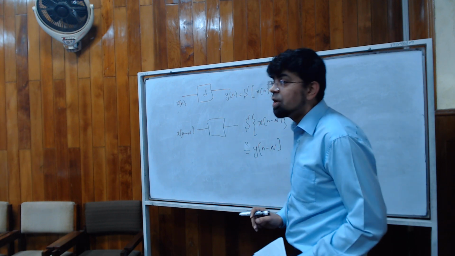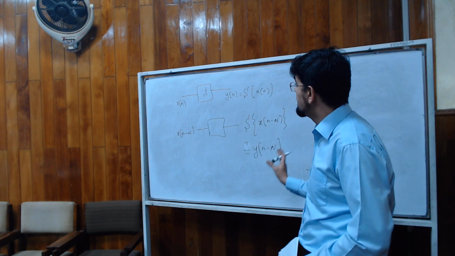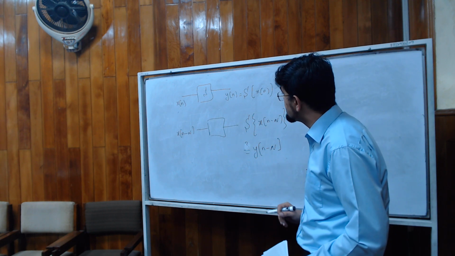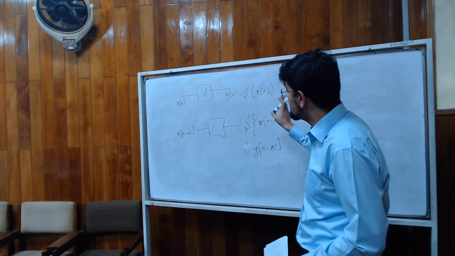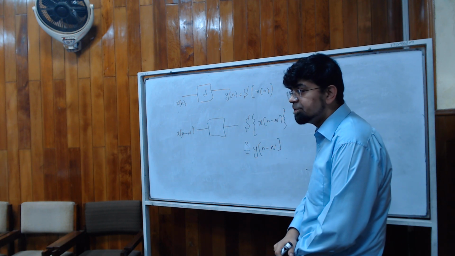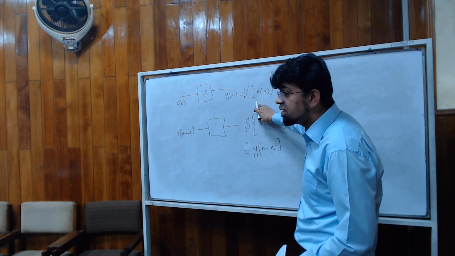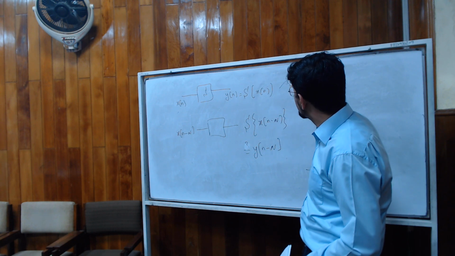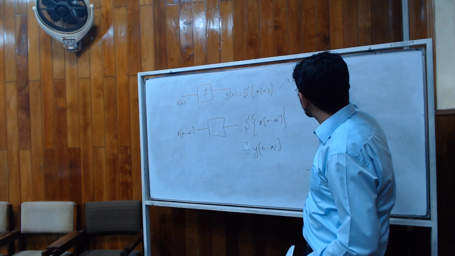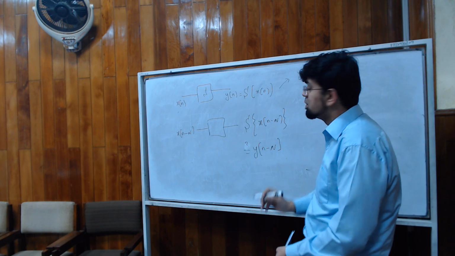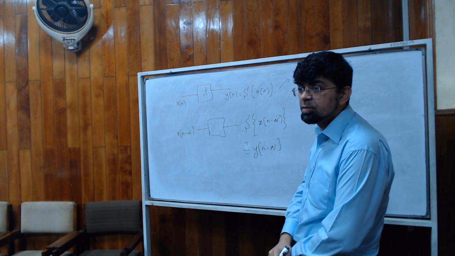So how do you test this now? Again, this one has two steps basically. First you pass x[n] through the system, okay? Once you have passed this, write its delayed version too.